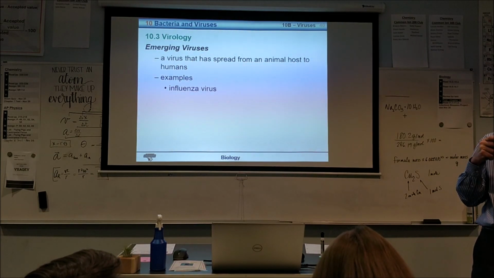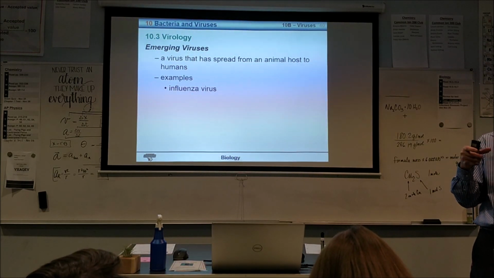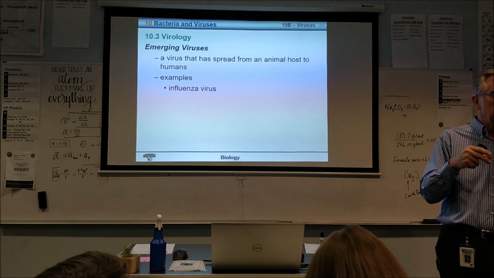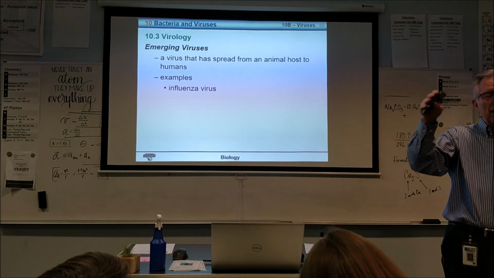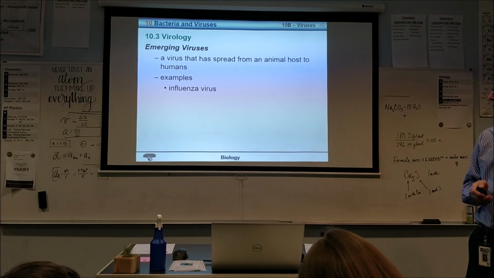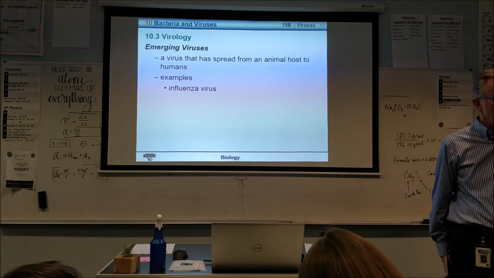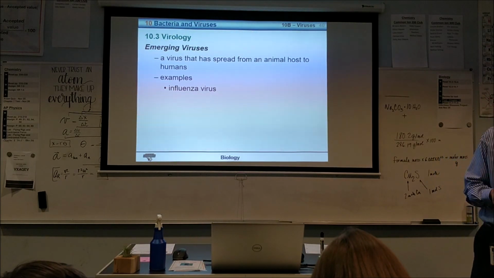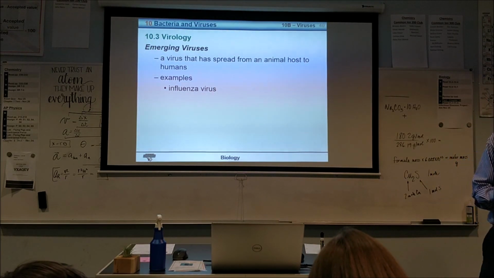And then through mutation, it now is able to infect humans. So that particular kind of flu is called the bird flu. Not all flu is the bird flu, just that particular kind of flu. There was another one, I think it was called swine flu. And we've had different animals that we think we've traced down to where it originated from.